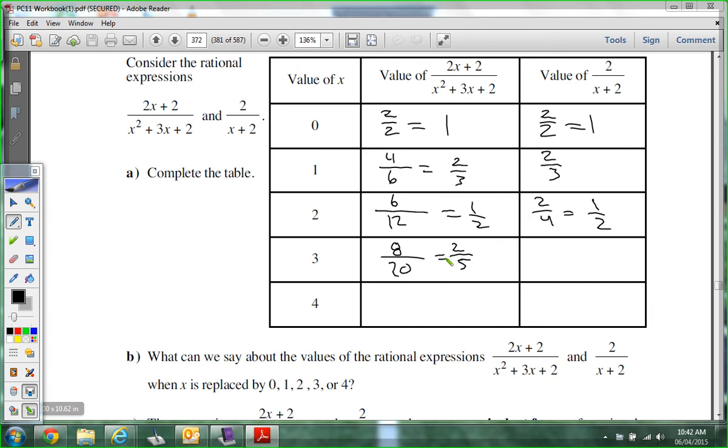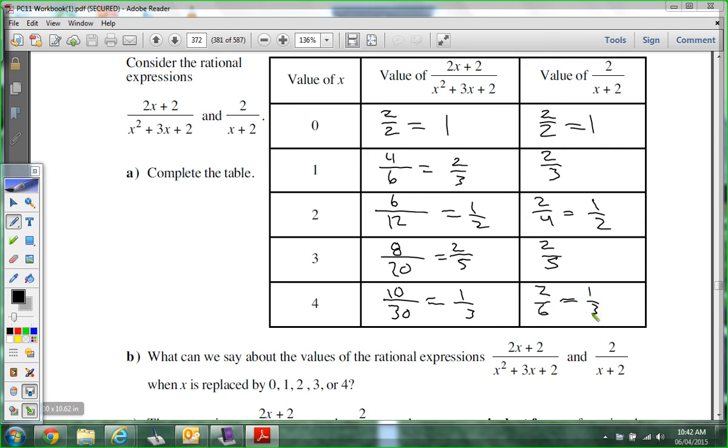Last one, 10 over, 4 squared, 16, plus 12 is 28, plus 2 is 30. 10 over 30 is 1/3, and then I get 2 over 6, which is 1/3.